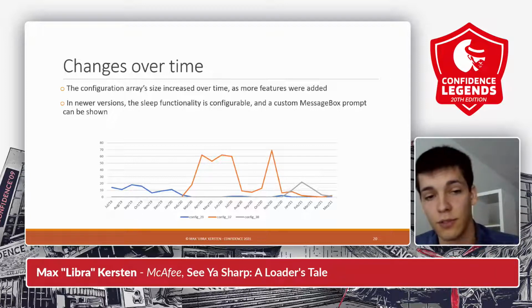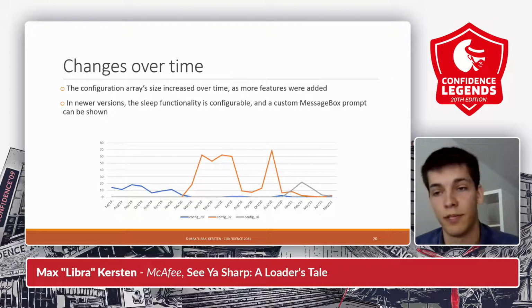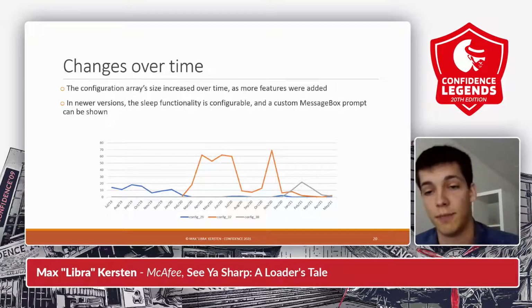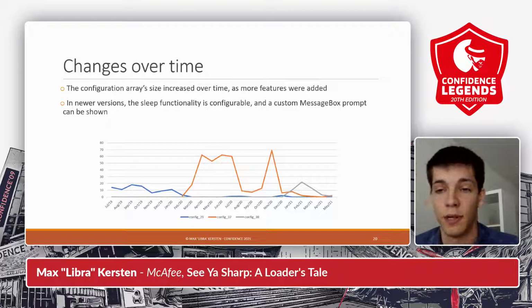However, in later versions, the sleep functionality is configurable, both to turn it on and off, but also to configure a set length that you as an actor want. And a custom message box prompt can be shown to a user, with whatever message and in whatever style you want. So it can be yes, no, with a warning, or it can be only an okay dialogue. So there's some freedom there as well.